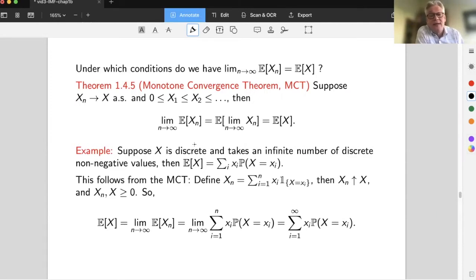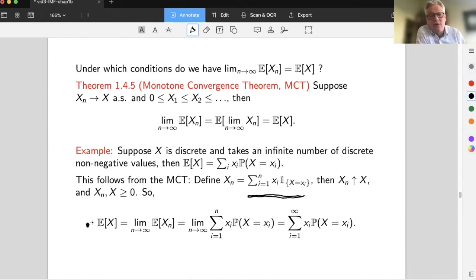Let's define xn as the sum from i equals 1 to n of xi times the indicator function for x equal to xi. Then if we look at it, we see that xn converges from below to x, and xn and x are non-negative. So the expected value of x is then equal to the limit as n goes to infinity of the expected value of xn.